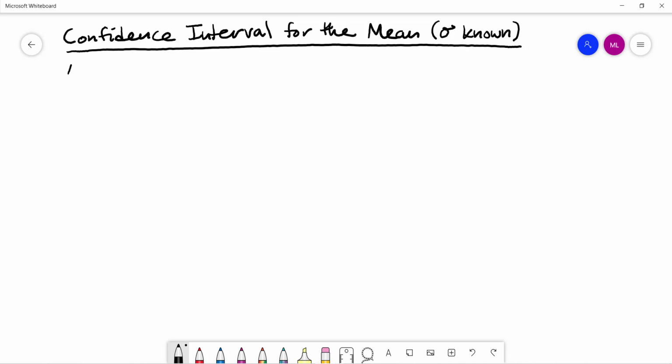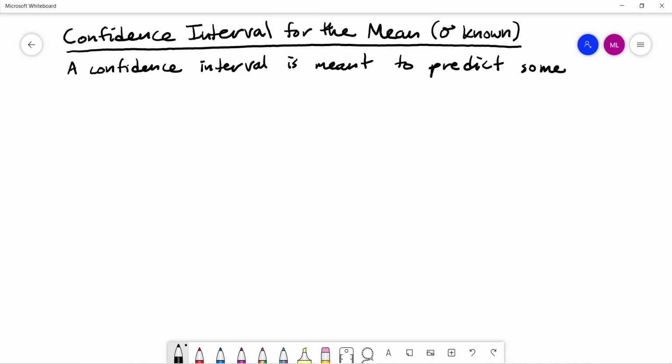So a confidence interval is meant to predict some feature of a population based on a sample that's been taken.